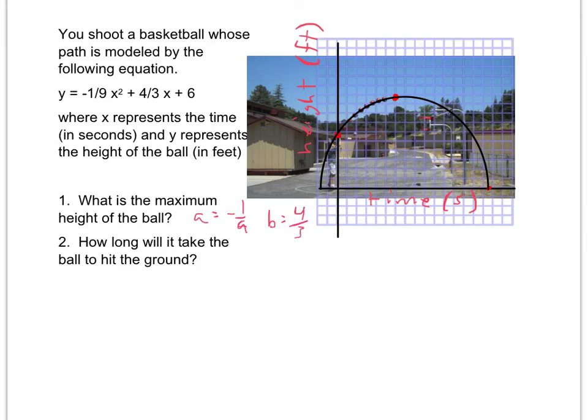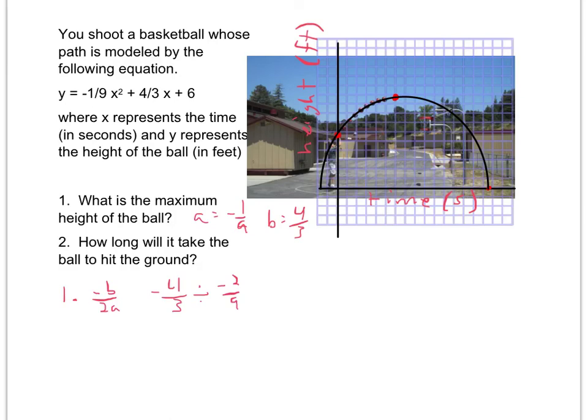So for the x value, I'm going to find the vertex using the opposite of B, all over 2 times A. Since we're in fraction form, I'm not going to write it as a fraction on top of a fraction. I'm going to write it as a division problem. The opposite of B is -4/3, and I'm dividing that by 2 times A. 2 times A would be -2/9.